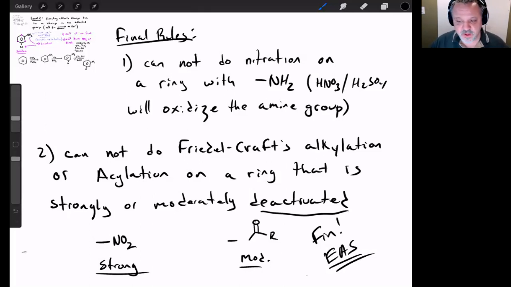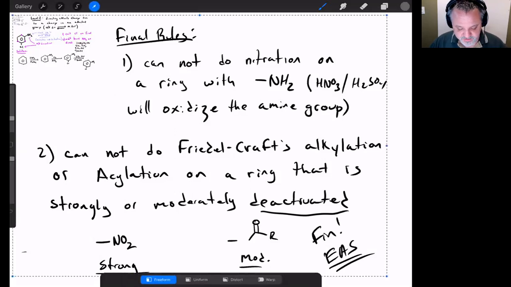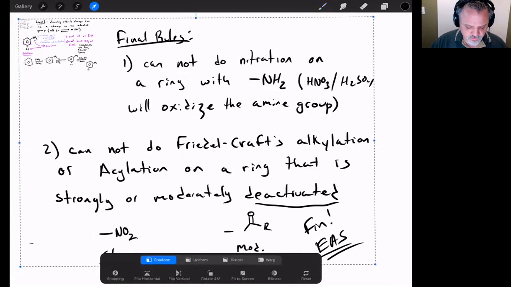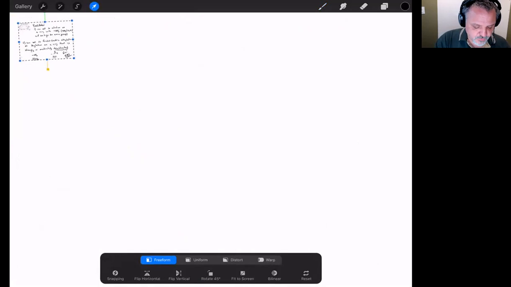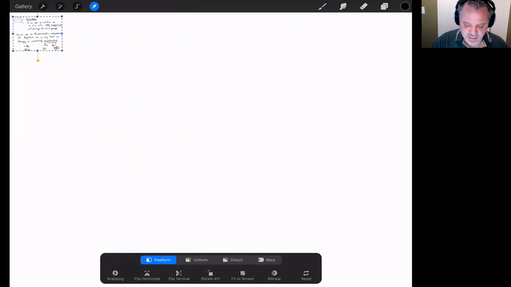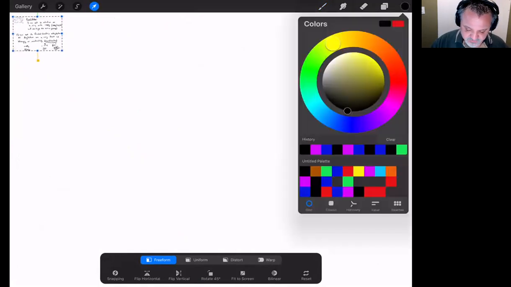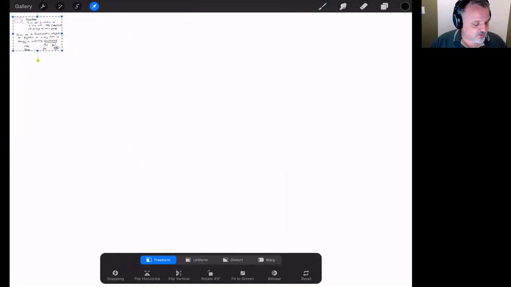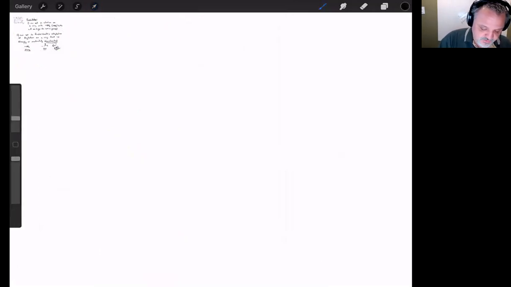So there's a lot going on here with electrophilic aromatic substitution. There are two other reaction mechanisms that operate on aromatic rings: nucleophilic aromatic substitution reactions and elimination-addition reactions, but they're by far less considerations to make.